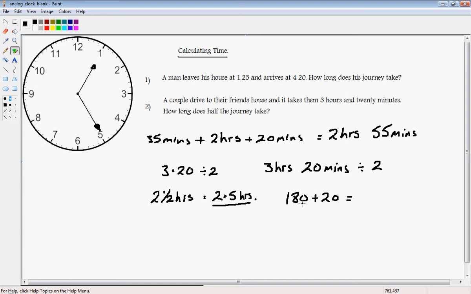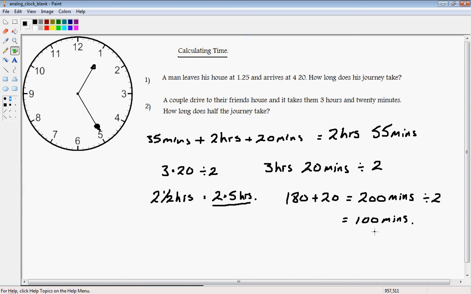So now we have 180 plus 20 is 200 minutes, and we're going to divide that by 2. So 200 minutes divided by 2 gives me 100 minutes. So now this is half the journey time.